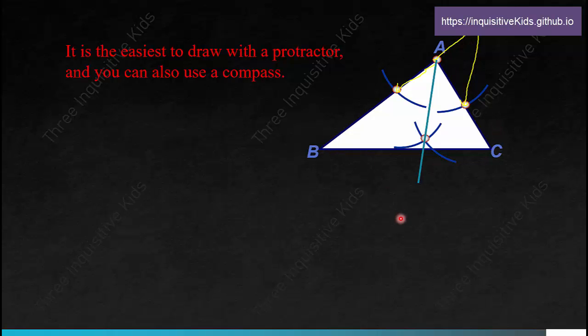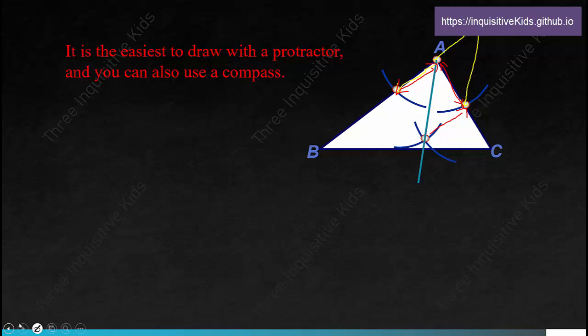Now, how does this work? One point I want you to memorize and notice is that the distance from vertex A to this point right here, the radius over here, has to be the same as from point A to this point right here.